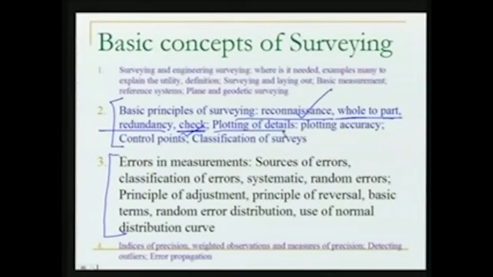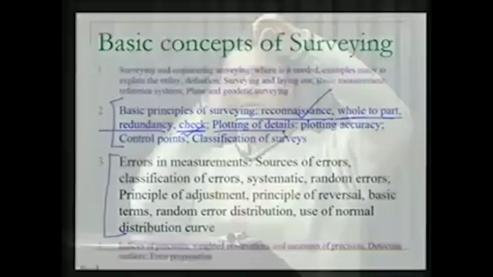We can plot the details by various means. We saw that if 2 points are fixed, we know this length, and a third point is to be fixed. What we need to do in order to fix this point: either we measure both the lengths, or we measure both the angles, or we measure one length and one angle, or maybe one length and one angle this way, or maybe one more possibility, we drop a perpendicular from this point on this line.